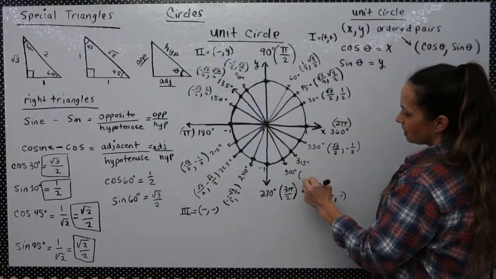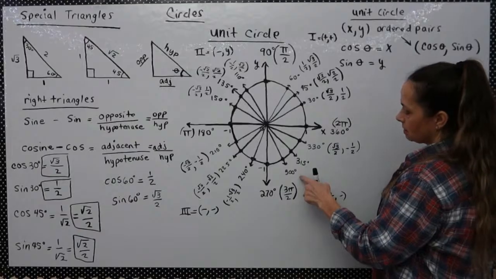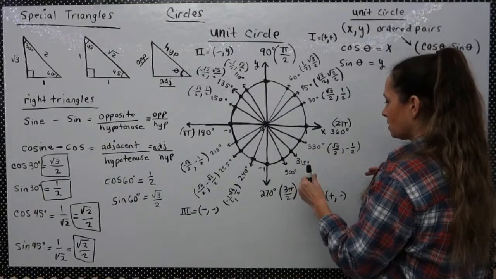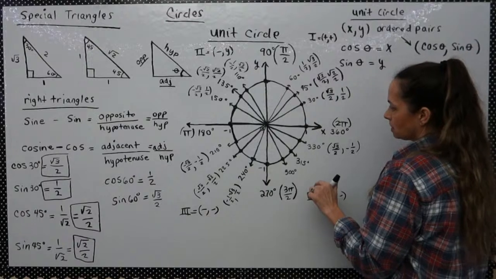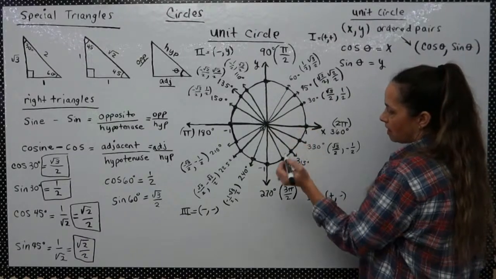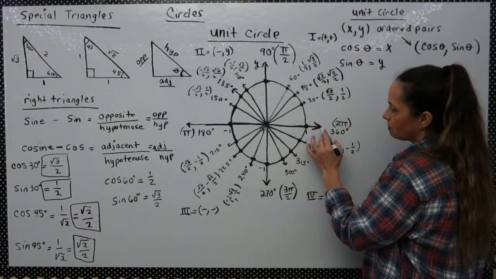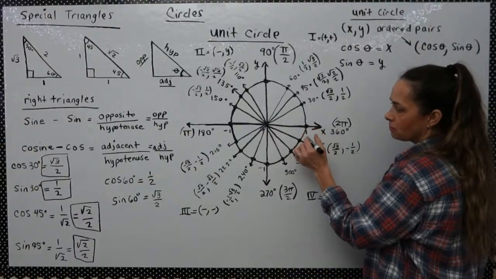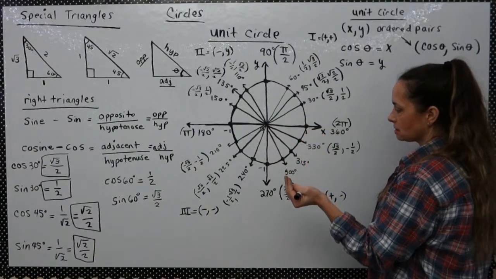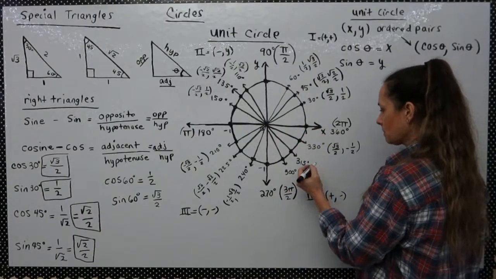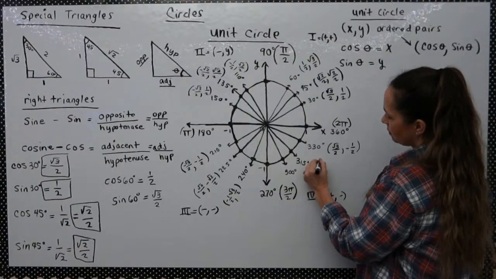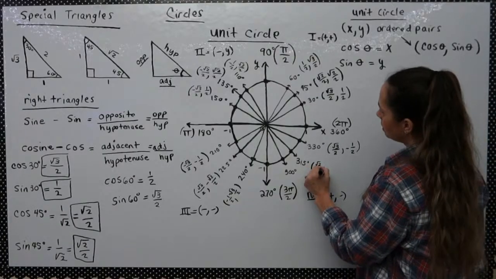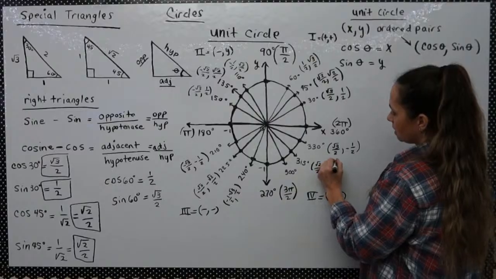And this is your 45. I think the 45 is the easier one to remember because it's right in the middle. If you're having a hard time remembering, just remember you're always dropping that reference angle from your x-axis, and that might help. So this one is going to be positive radical 2 over 2, comma, negative radical 2 over 2.